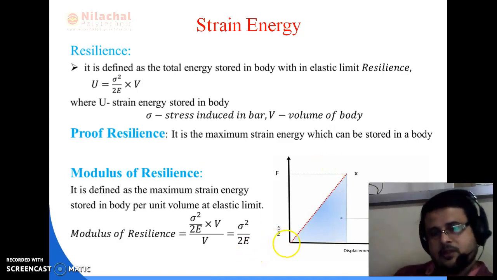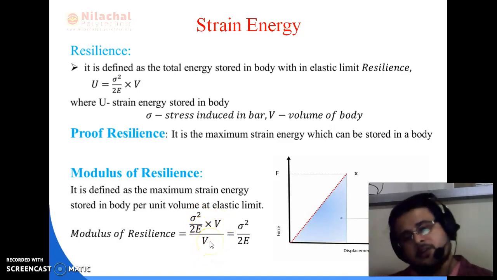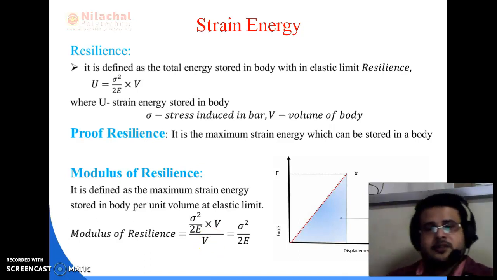Now modulus of resilience can be given as strain energy per unit volume. So the strain energy formula is sigma square by 2E into V, divided by volume. So V cancels out, and we get that modulus of resilience is equal to sigma square by 2E.